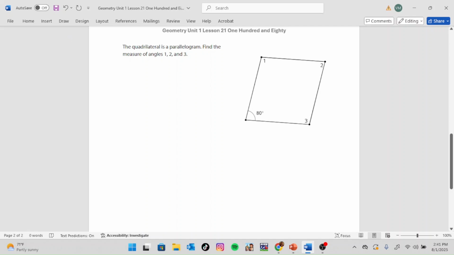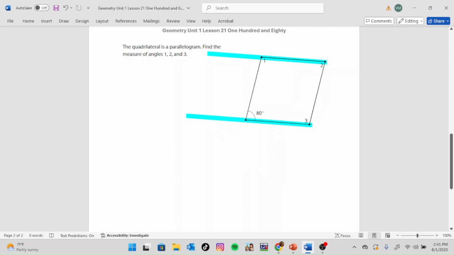So here's how we're going to do that. If I know that this is a parallelogram, then I know that this top line, 1, 2, and this bottom line, the 80 degrees to the 3, I know that these two lines are parallel to each other.